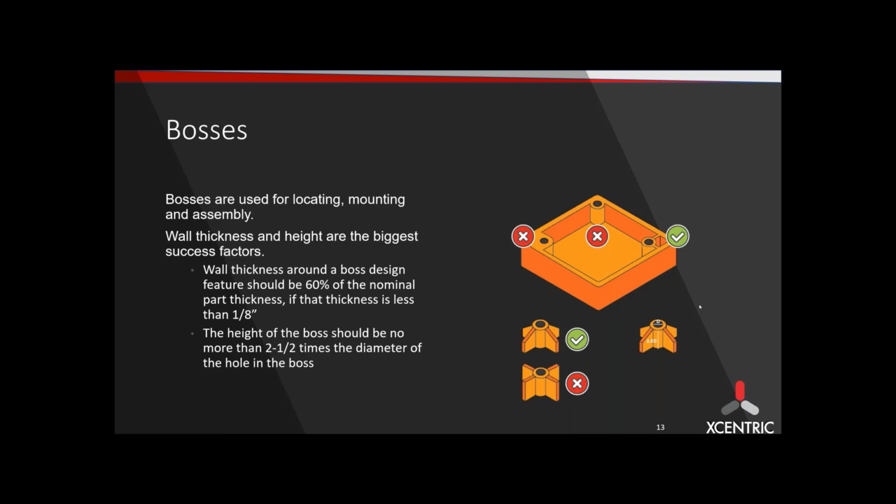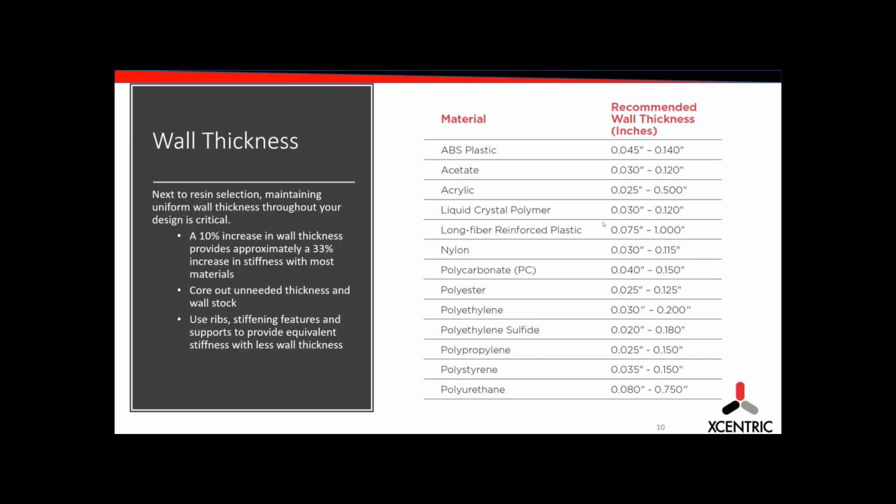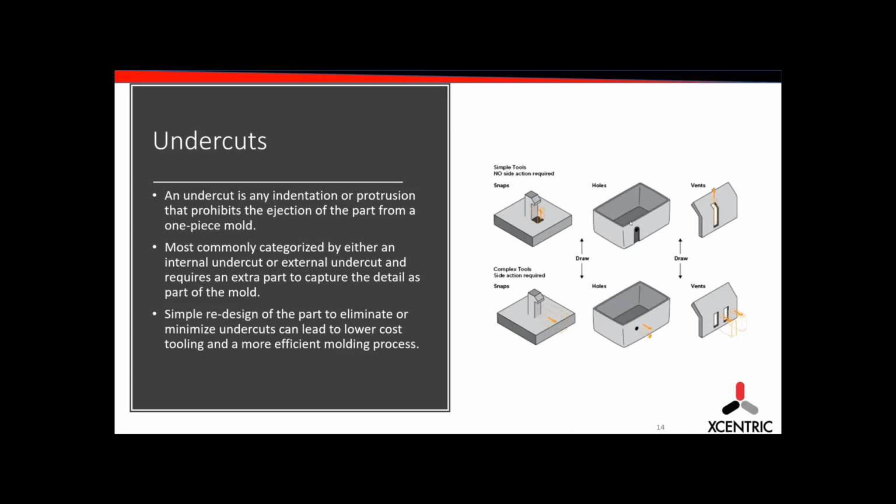I think what he's asking is, in the image there, you've got one that's pointing up, and how would you have one that is pointing 90 degrees away from that? That would be an action in the tool then. I'm assuming it'd be something similar to this. You'd have a boss in the corner and this hole through the side. If it's not in the line of draw, it would require an action, either internal or external. Okay. Yeah.